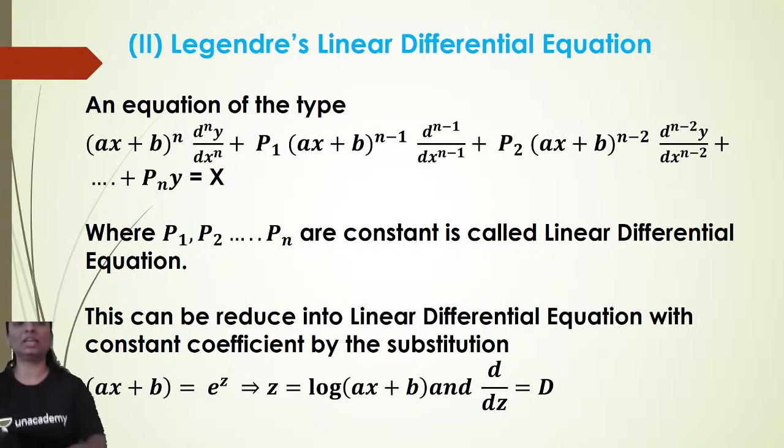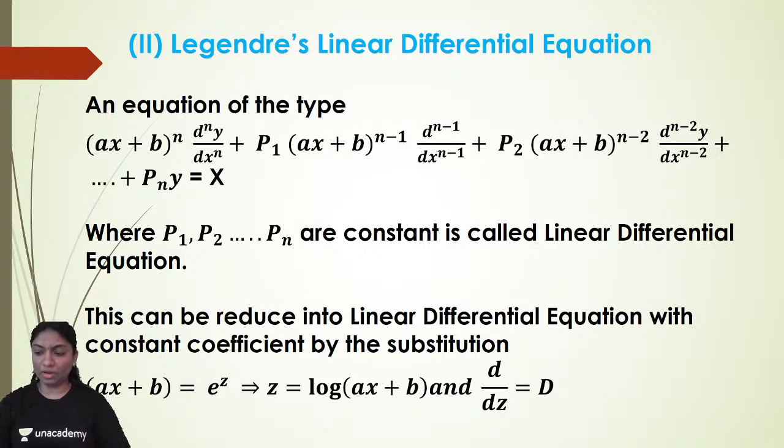The differential equation is in the form of (ax plus b) raised to n into d raised to ny upon dx raised to n, plus p1 (ax plus b) raised to n minus 1 into d raised to n minus 1 y upon dx raised to n minus 1, plus p2 (ax plus b) raised to n minus 2 into d raised to n minus 2 y upon dx raised to n minus 2, plus and so on, plus pn y is equal to x, where p1, p2 up to pn are constants, and is called a Legendre's linear differential equation.